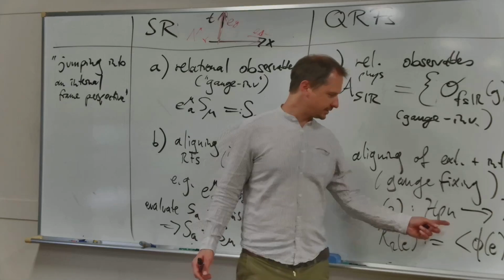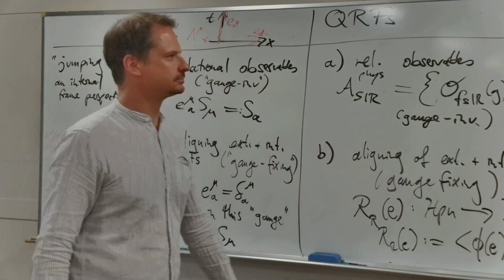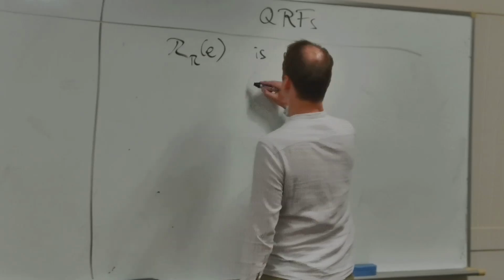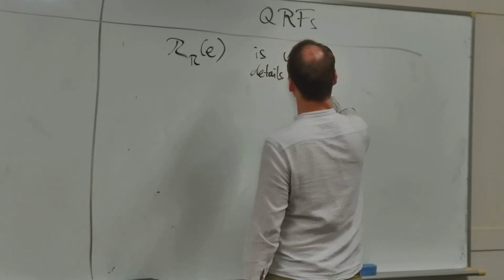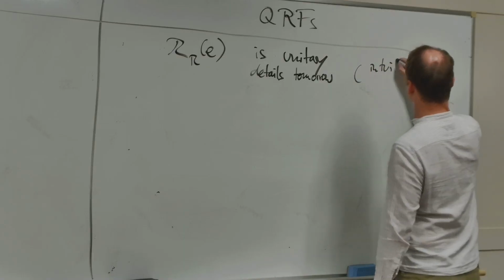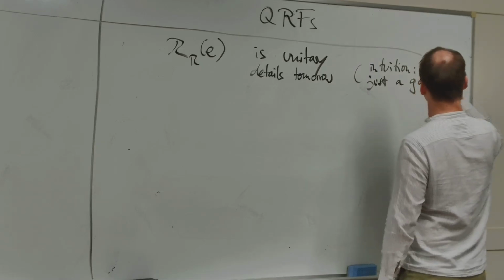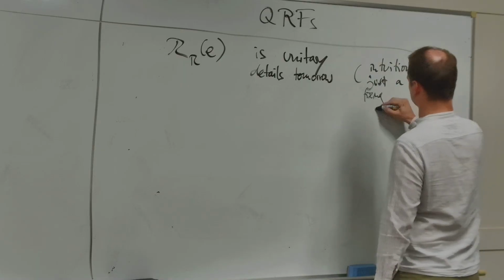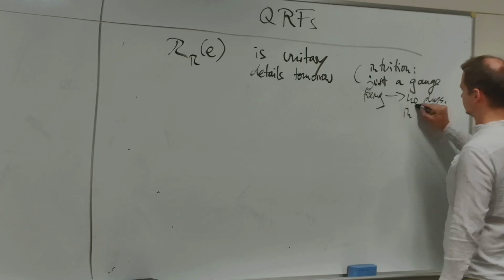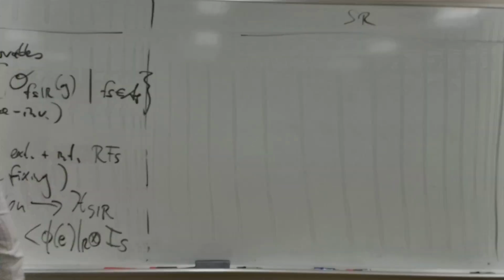It's unitary between the perspective neutral Hilbert space and this gauge fixed Hilbert space, the image of it. And intuitively, why? The intuition is that it's just a gauge fixing, so there's no physical information. That's the intuition why it is unitary. It's just a gauge fixing.